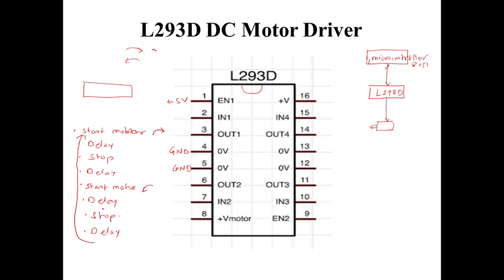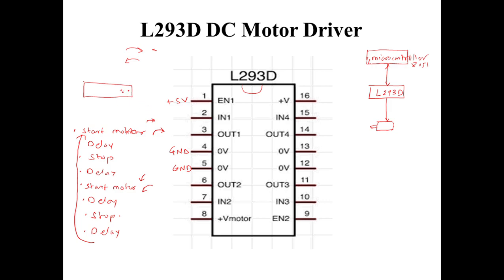So here as an output from the microcontroller, I need basically two outcomes. One is for clockwise direction and the other is for the anti-clockwise direction. So I will be using two pins on the microcontroller.